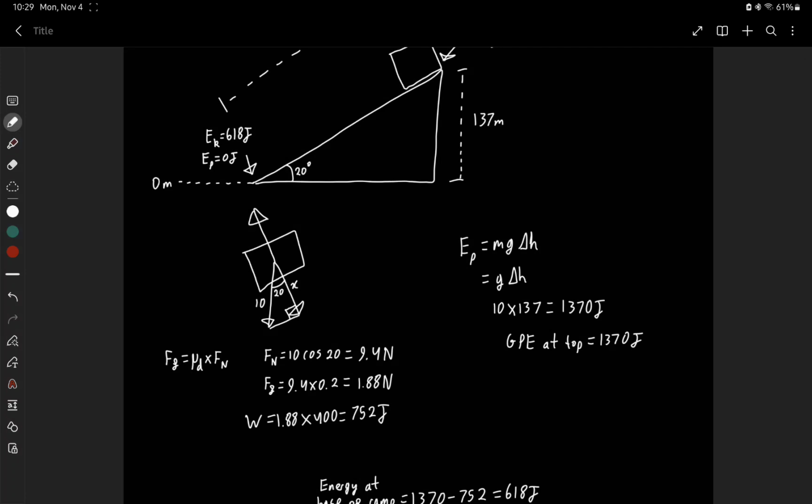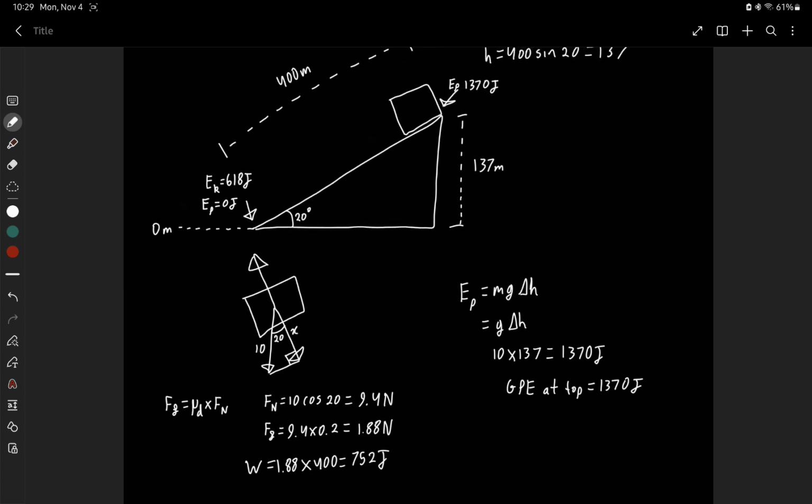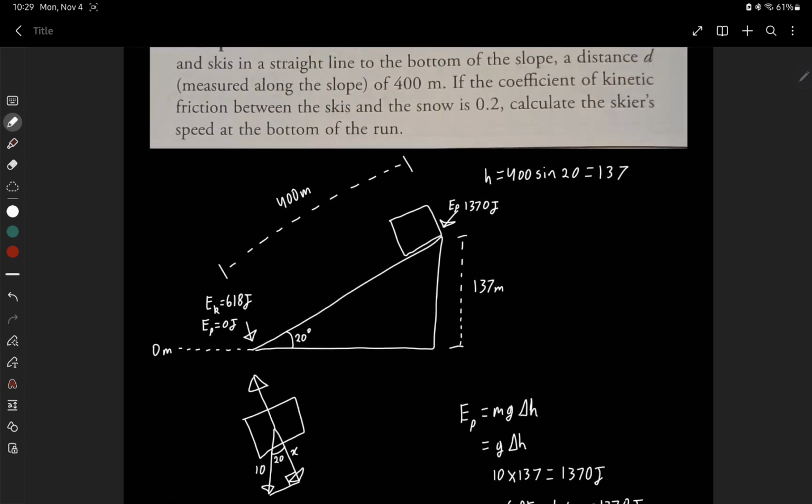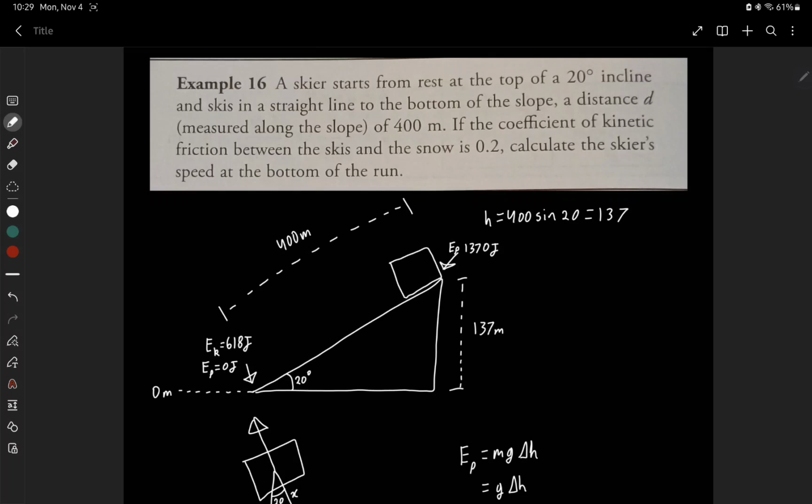We took away 1,370 minus 752 to get the energy lost throughout this journey. That gave us 618 joules at the bottom. Then we know that potential energy is 0, so all the energy we have is kinetic energy. From kinetic energy, we can find the velocity by doing some rearranging. And yeah, I hope that helps.